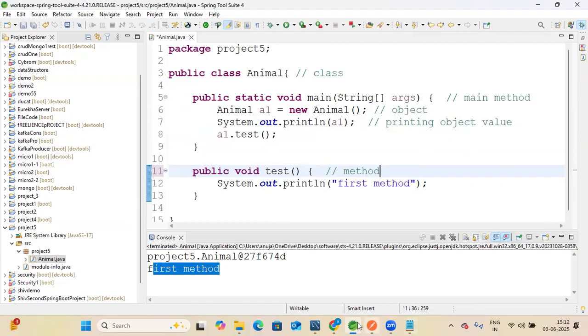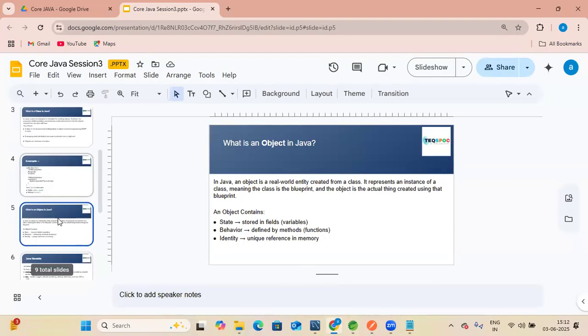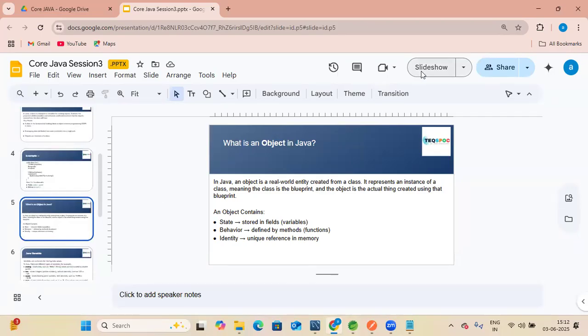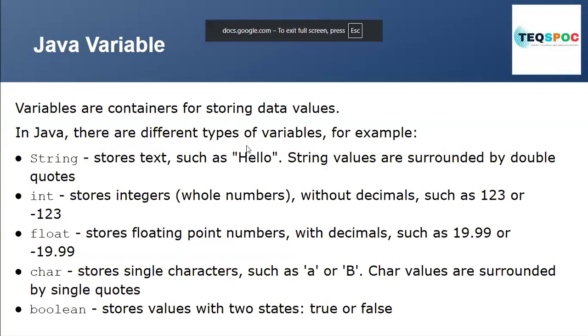Now coming to our next topic of today's agenda, variable. So what is a variable? A variable is nothing but a container which stores certain types of data. Data can be in string format or number format.